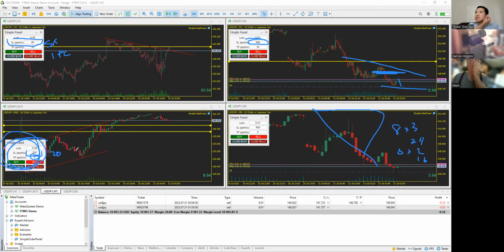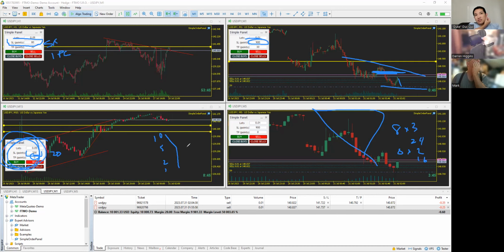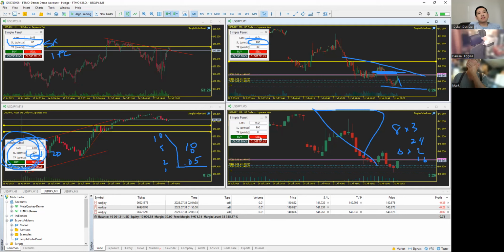Because if I build with this, let's say 1, 2, 5, 10. What is this? It's already 18, easily. 18 times 0.05. That's already almost halfway to my normal size position. Does that make sense? I don't want to build too fast for those. Add on now.